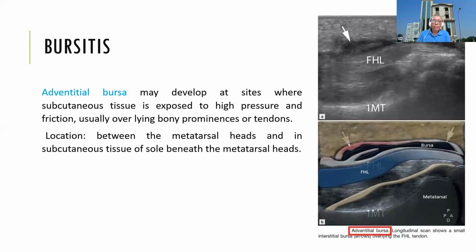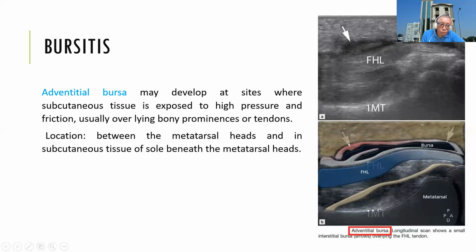Okay, so bursitis is also common in the foot. Mainly the adventitial bursa is common, and this adventitial bursa usually develops in areas where there is high pressure. Especially it appears just over the head of the metatarsal, above the flexor tendon and below the subcutaneous tissue, because of the high pressure exposed there. Here you can see this is the head of the metatarsal, and this is the flexor hallucis longus tendon.